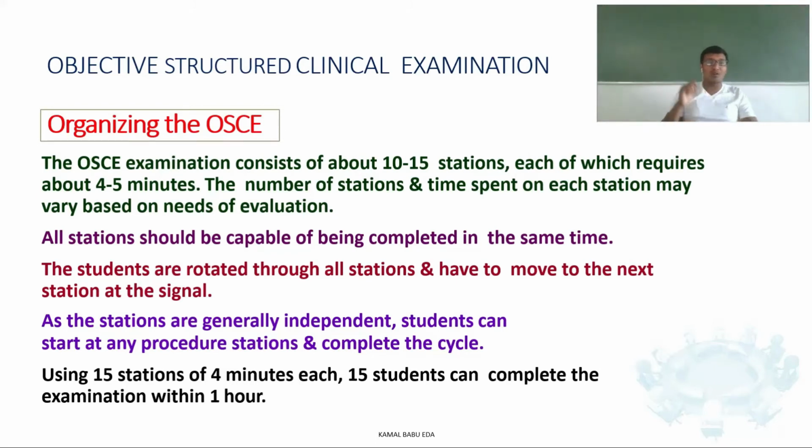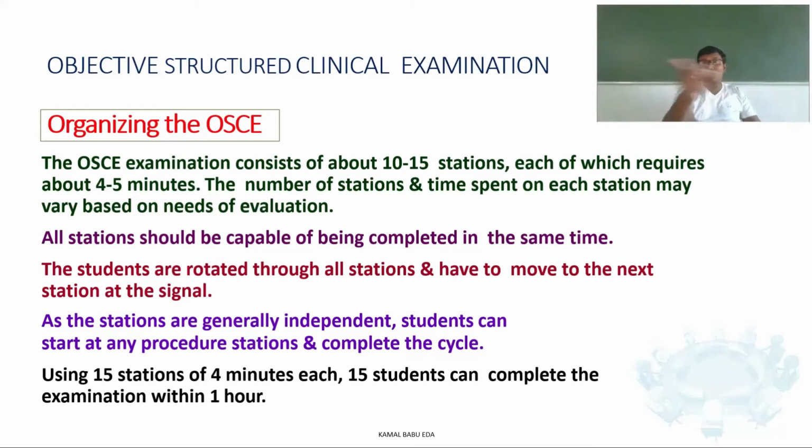All stations should be capable of being completed in the same time. The students are rotated, and all students have to move to the next station at a signal. When a person completes one station's work, the person has to shift to another station.